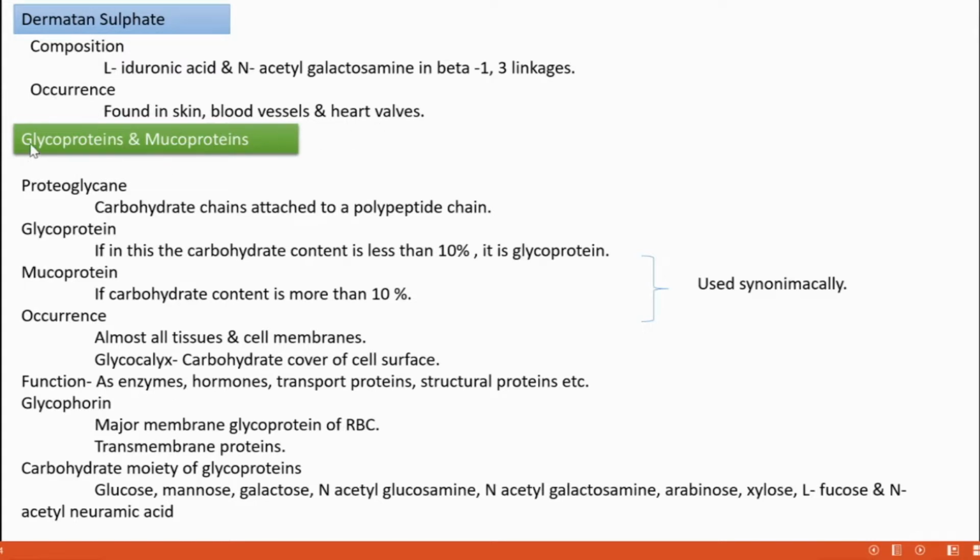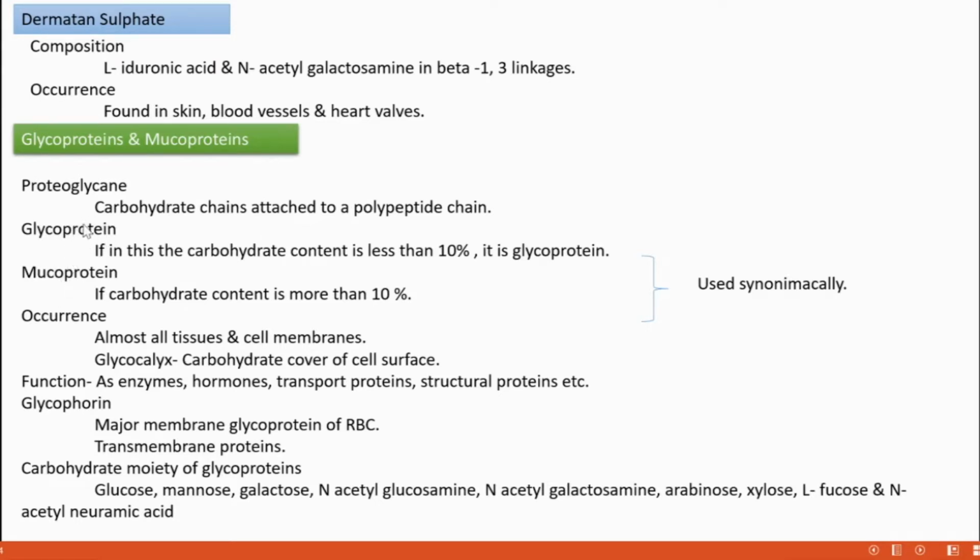Next, coming to glycoproteins and mucoproteins. Before that, we need to understand what a proteoglycan is. Proteoglycan means a carbohydrate chain attached to a polypeptide. Polypeptides commonly form proteins, right? So if a carbohydrate is attached to a polypeptide chain, it becomes a proteoglycan. What is the difference between glycoprotein and mucoprotein?